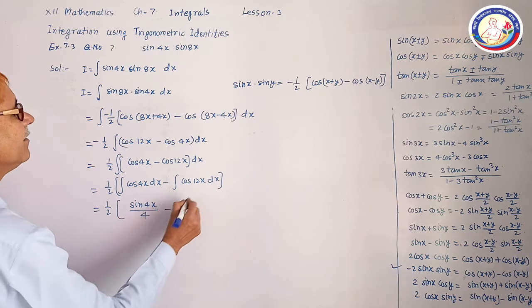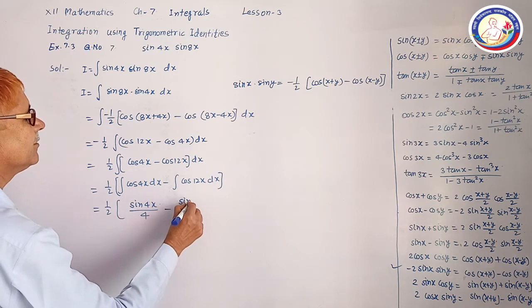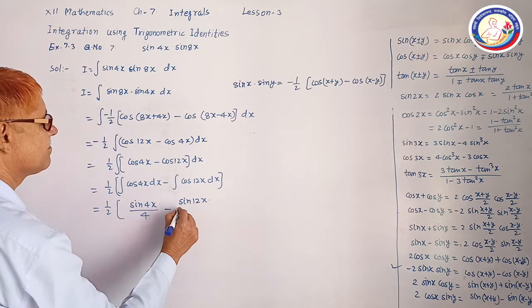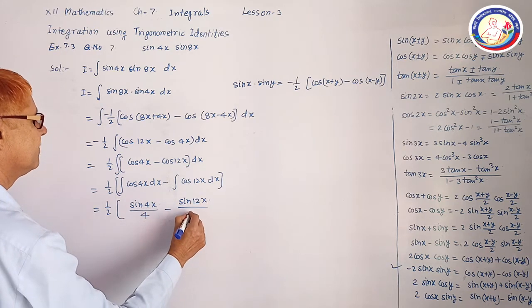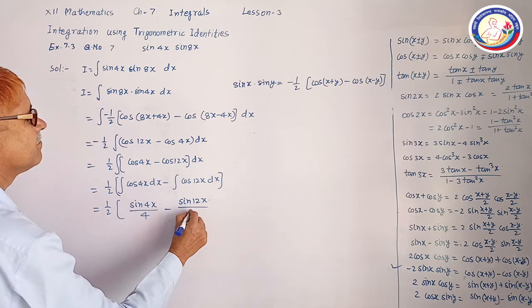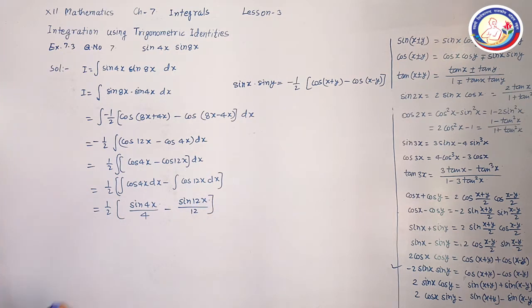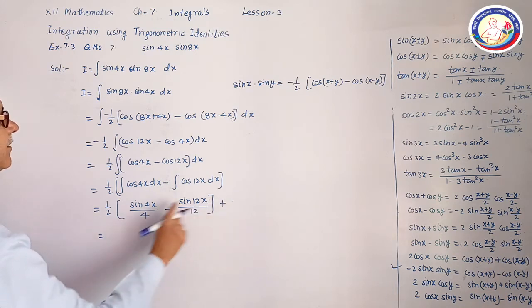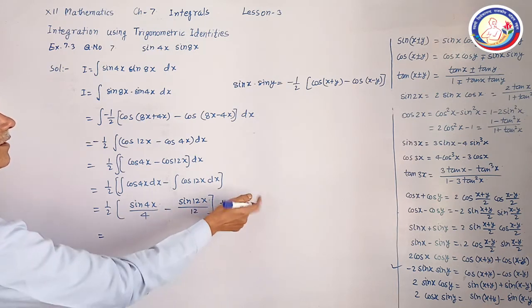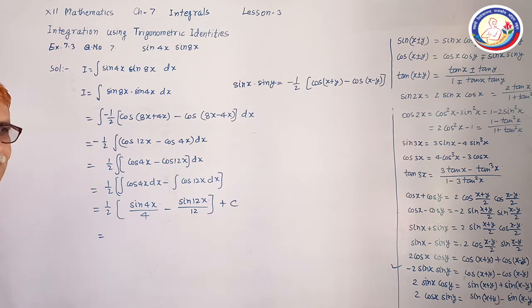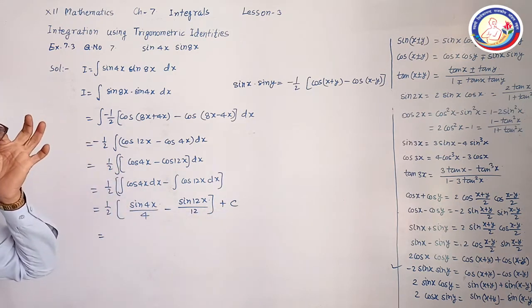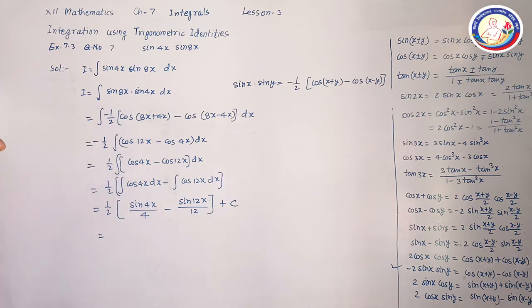In the similar way, this will be sin 12x upon 12. So this will be plus constant of integration for both these two, C1 and C2. I am writing directly here constant of integration C for both the two integrals, combined constant C.